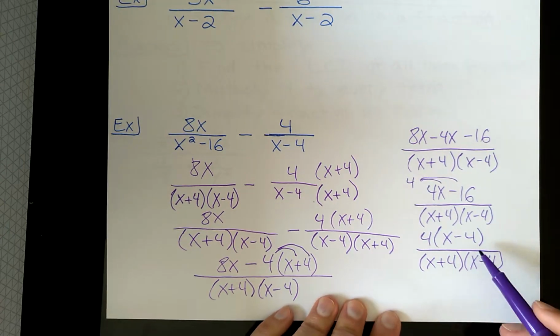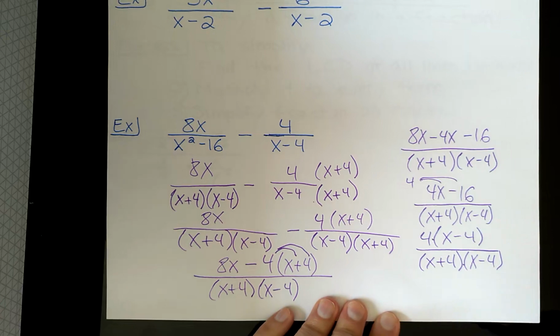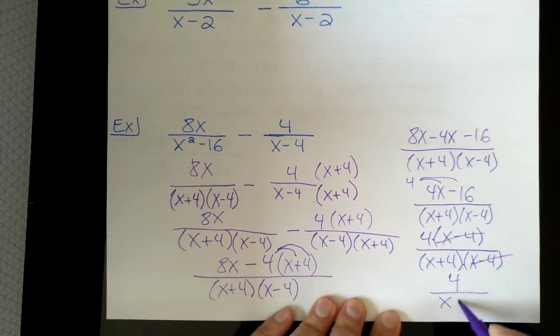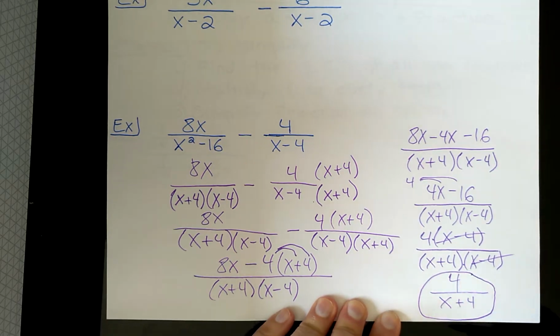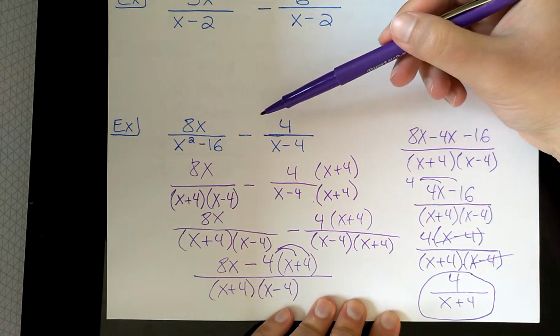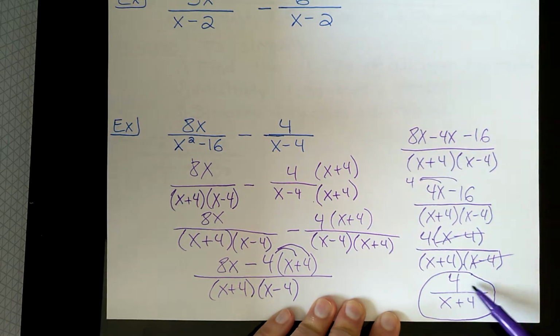And finally, from here, notice we now have a common x minus 4 that's being multiplied in the top and bottom that we can cancel out, leaving us with 4 over x plus 4. So 8x over x squared minus 16 minus 4 over x minus 4 is just another way of saying 4 over x plus 4.